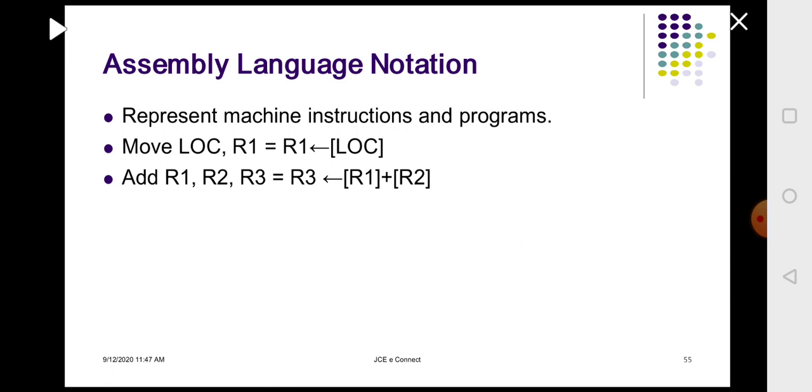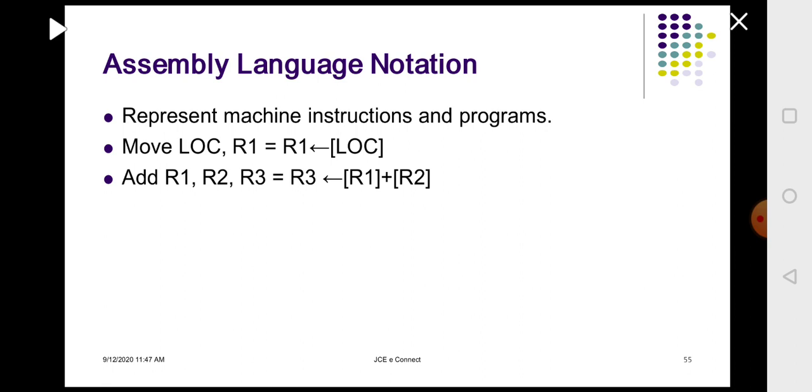Here the mnemonic part is MOVE, which tells the processor what operation needs to be performed. It will move the contents of LOC into R1. For example, if LOC contains 25, after the execution of this instruction, the data 25 will be moved into R1.